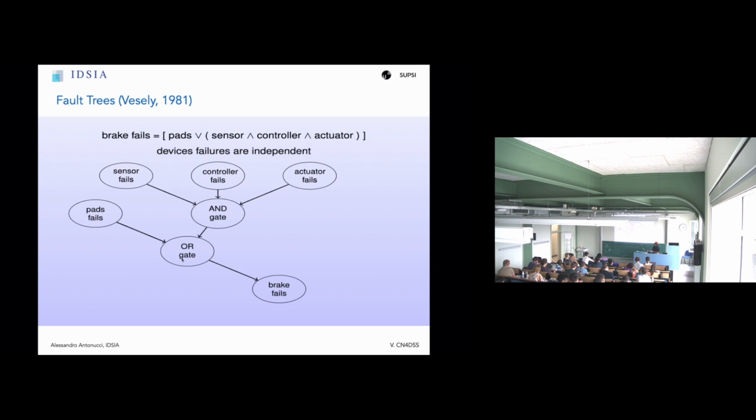Okay. We are not interested in a logical analysis. Of course, if this is true, this is true, this is true, this is the conjunction which is true, and then the disjunction between something which is true and something which is false is true. And so we have a failure. But in practice we only have uncertain information.